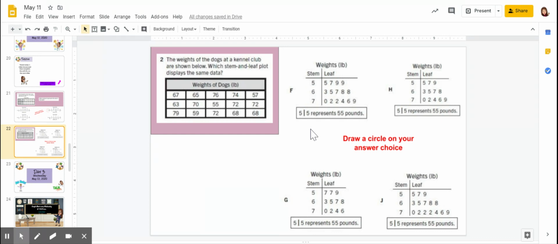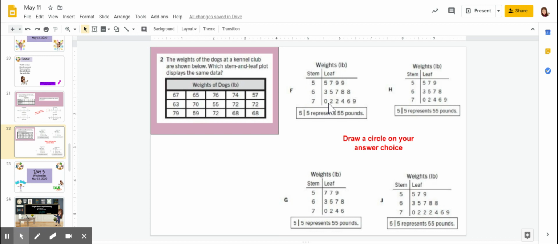Now let's look at our answer choices. So this one right here says I've got 55, 57, but it says I've got two 59s. And from what I wrote down, I only have one 59. So this is counting an extra 59. That's incorrect. Then I've got 63, 65, 67, and I do have two 68, so that's correct.